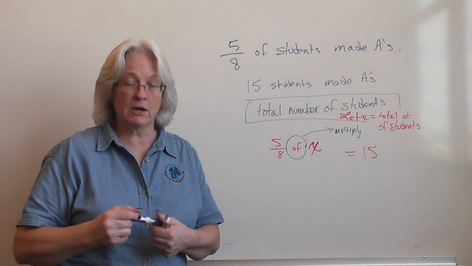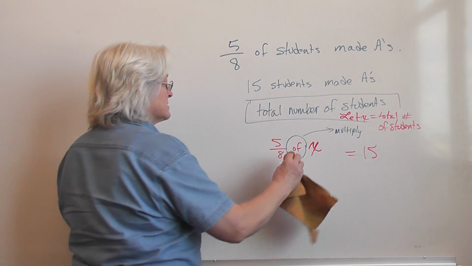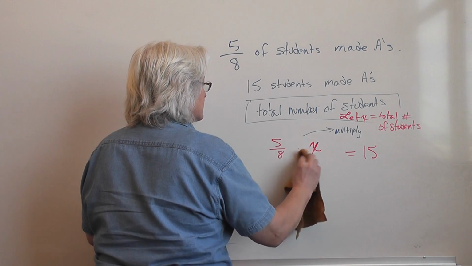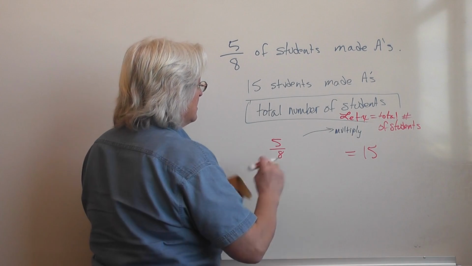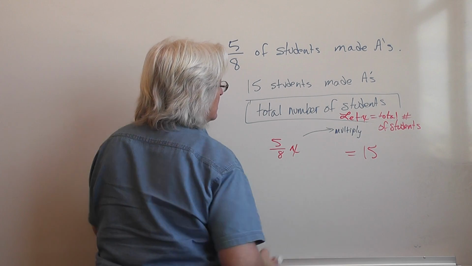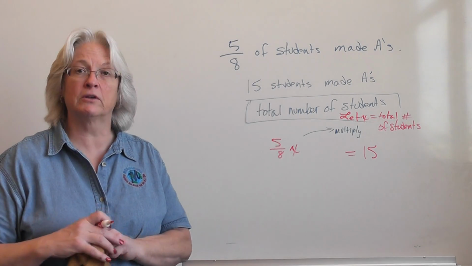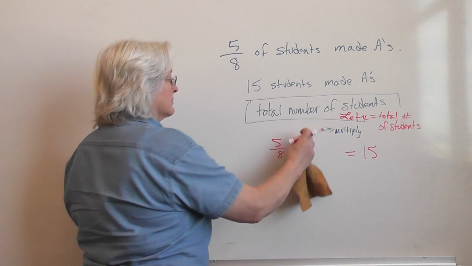So instead of using "of," we're just going to say 5/8 times x. When you have the fraction bumped exactly in front of the variable, it means multiplication.